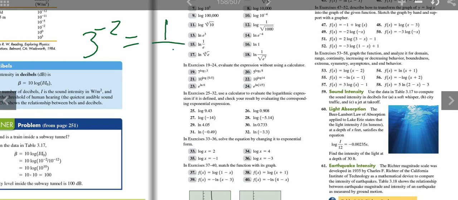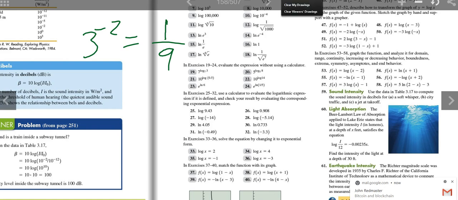Thank you very much. 3 squared is 9, obviously, but the negative flips it. So hopefully that helps remind you. Okay, well, if you want me to write it like this, 1 over 3 squared, I can. And then change it to that, I can. Does that help? Okay.